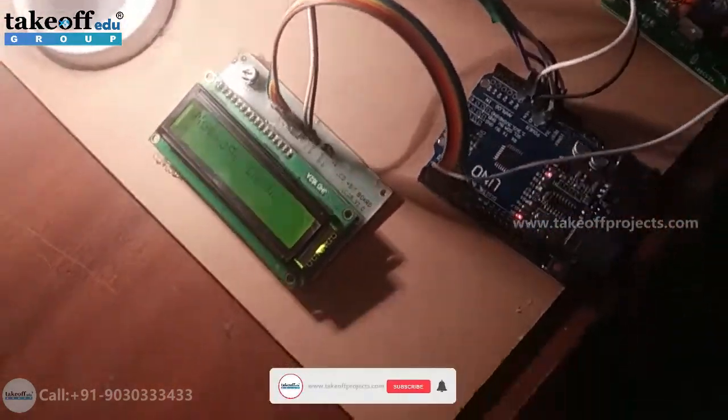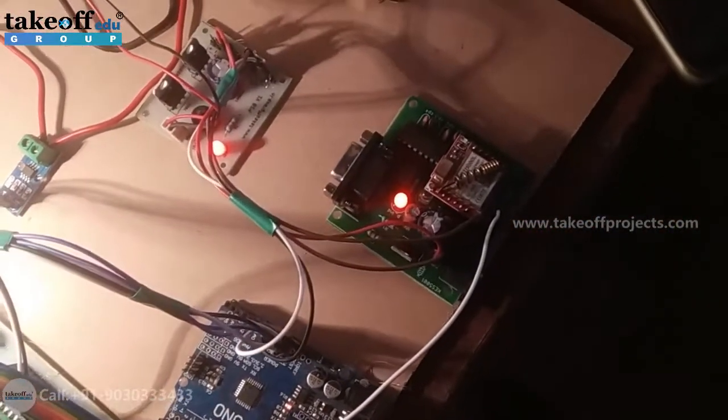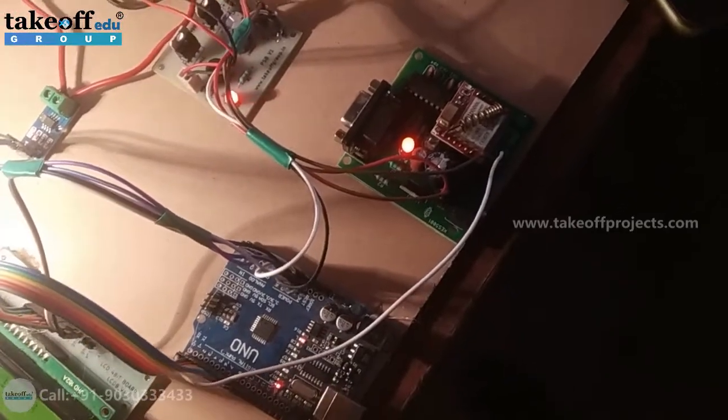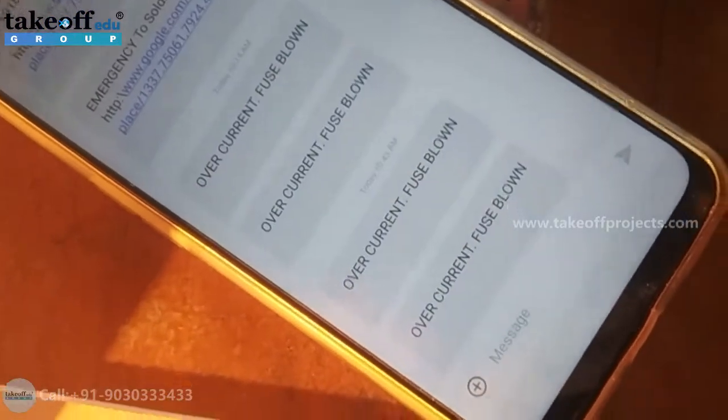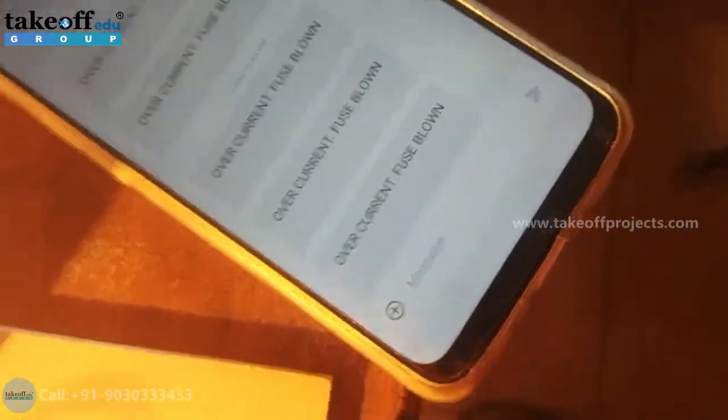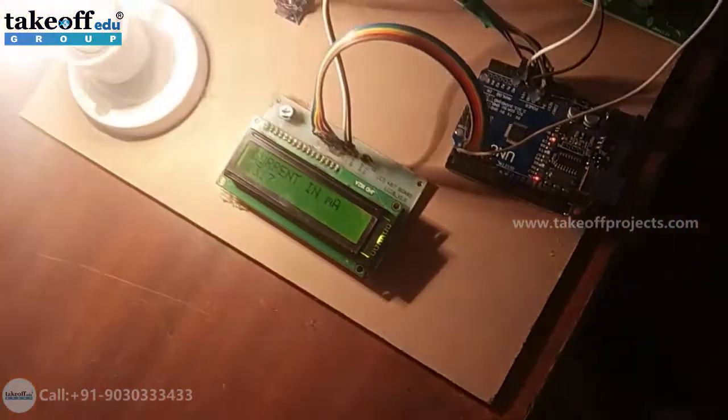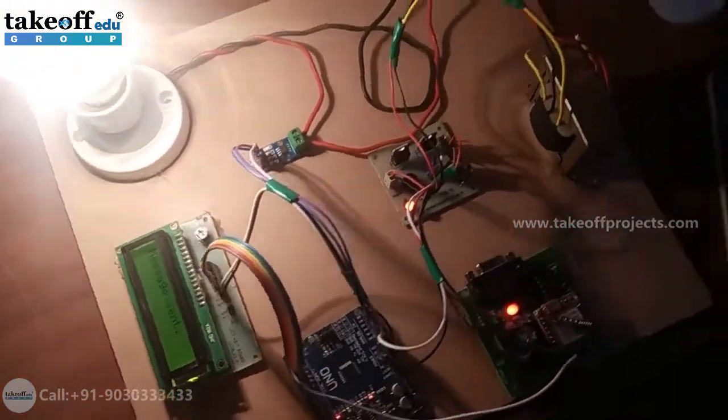Okay. So this is the message. So like this you will get a message alert whenever overcurrent is detected.